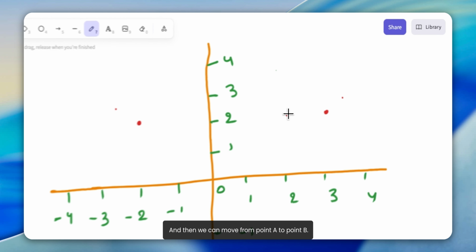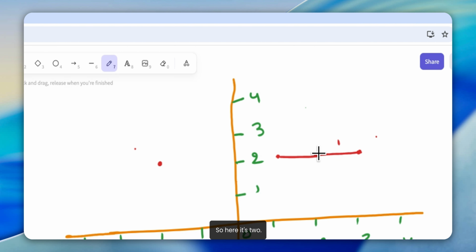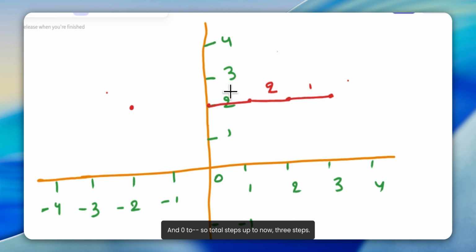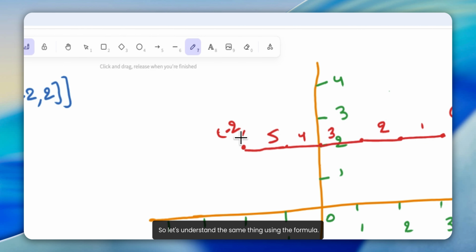From here, 2 to 1 is 1 step, and 1 to 0 is 2 steps, so total steps up to now 3 steps, and then -1 is 4 steps, and in the final step we reach point B. So total steps are 5 steps to move from [3,2] to [-2,2].